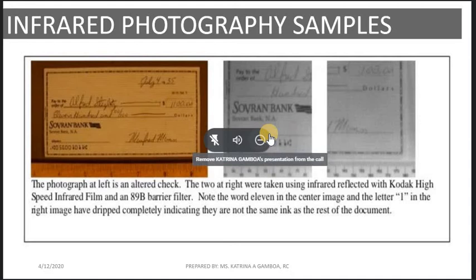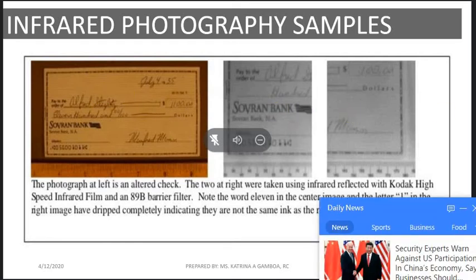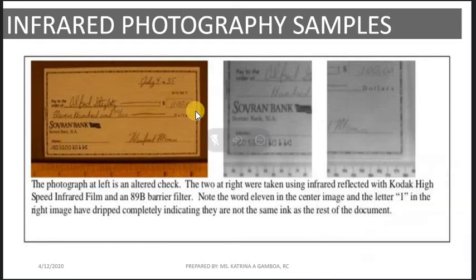Ganyan na pinag-aaralan niyo sa question documents, kung totoo ba yung cheque na yan. Hindi sila pareho ng ballpen na ginamit. Siguro yung nag-issue ng cheque niyan, ang talagang binibigay lang niya is 100, siguro $100. And then, itong nakatanggap ng cheque, dinagdagan niya.